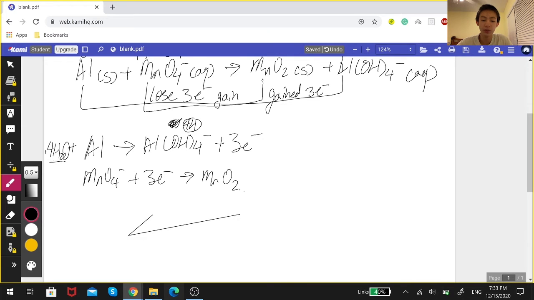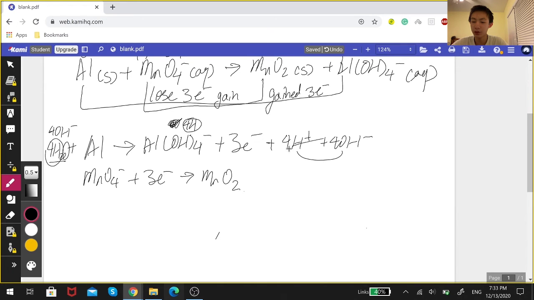But this already has 4 H pluses, so over here we're going to need only 4 H pluses. And finally, to get rid of these H pluses, we're going to add 4 OH minuses, and add 4 OH minuses on this side as well. And this becomes 4 H2O. And this first part's done.